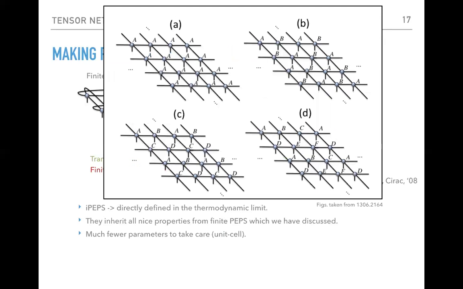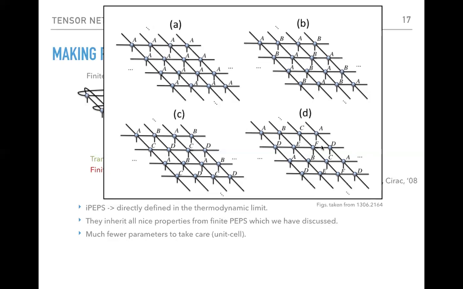For example, a unit cell that you can think of is maybe just one tensor, which is repeated all the time, or maybe a 2x2 array where you have A, B, B, A, and then you repeat it all the time, or even more complex unit cells, also 2x2, but now you allow for A, B, C, D, or even 2 times 3, A, B, C, D, E, F, and you repeat this everywhere.